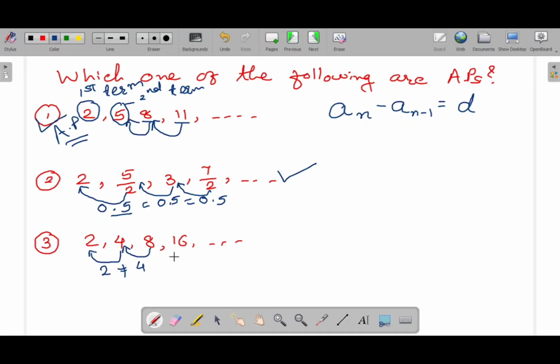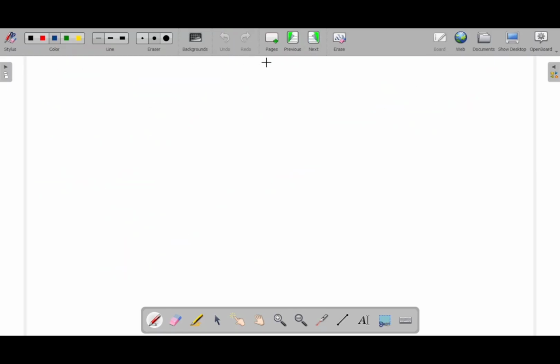That means this third example is not an AP. So I think you understood what an AP is and how to identify it. Let me go to the next topic.